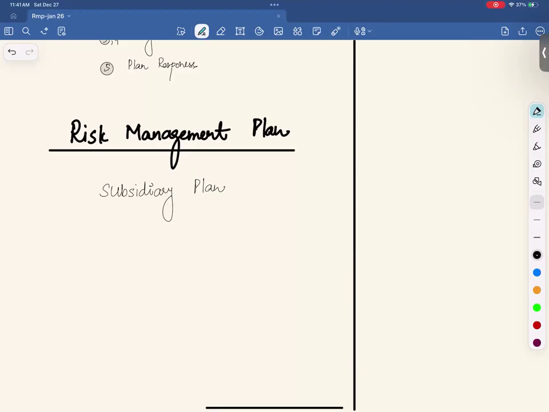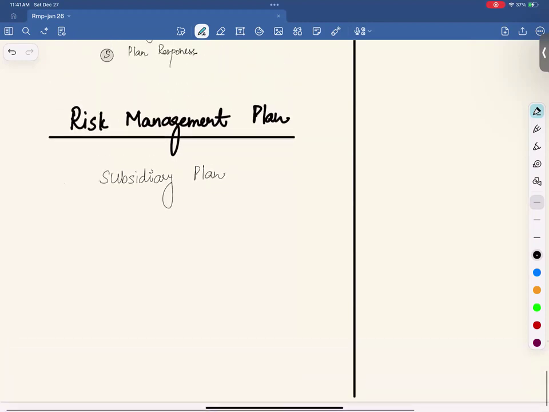In the project management plan, we have roughly 9 subsidiary plans. We have 3 baselines, and we have 5 or 6 other components. This is your project management plan, and one of the subsidiary plans is the risk management plan. You understand, everybody?